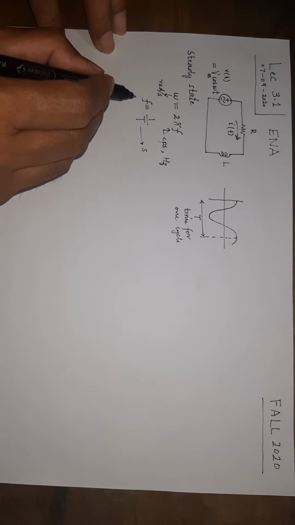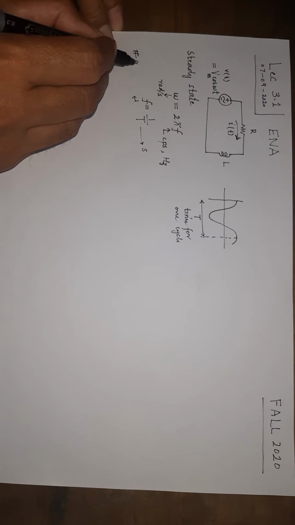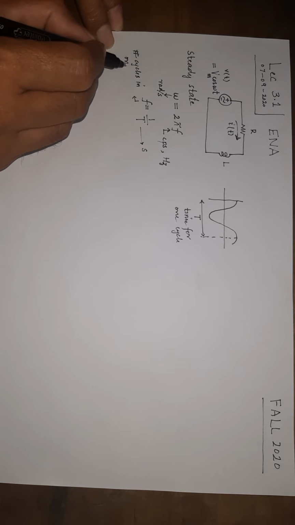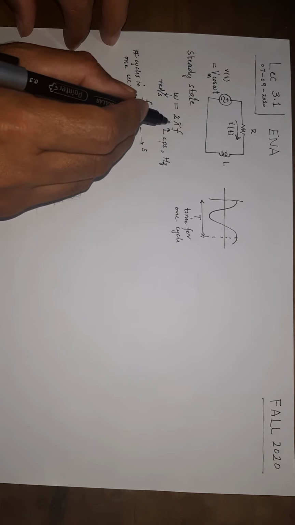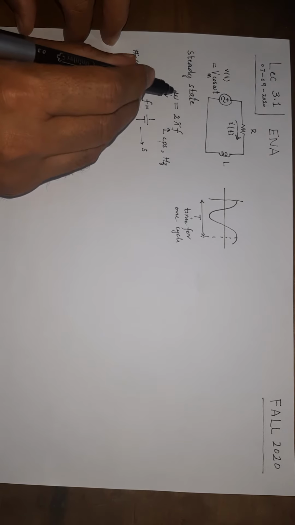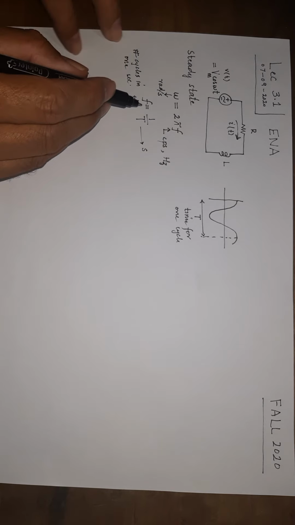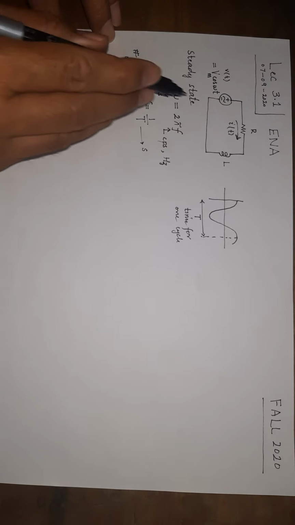When we take the reciprocal, this tells the number of cycles in 1 second, and this is frequency. So when you multiply this by 2 pi, you get the radian frequency. So we will discuss about this later on. For now, we stick to this.